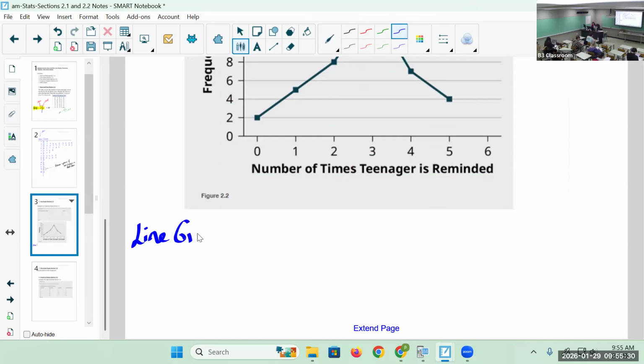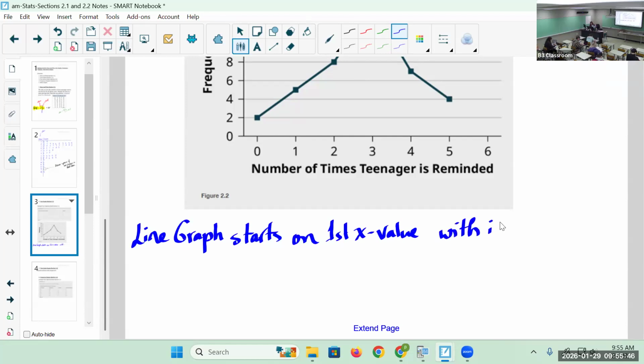A typical line graph starts on the first X value with its frequency.